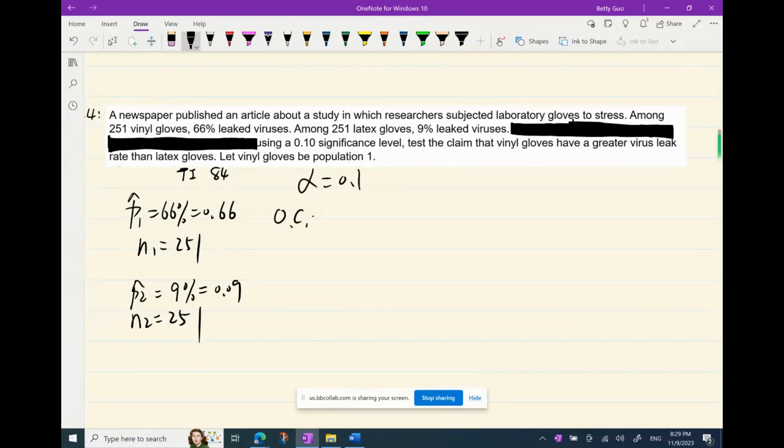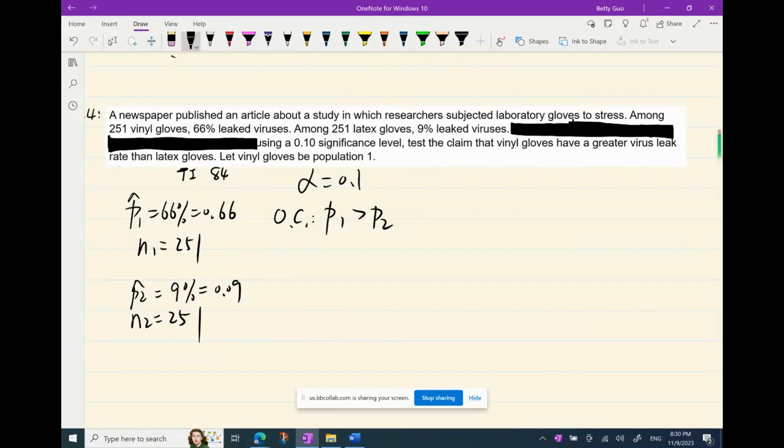So original claim is p1 less than p2. Hold on. p1 bigger than p2, because the vinyl gloves is the first sample, bigger than latex. Let the vinyl gloves be population 1.